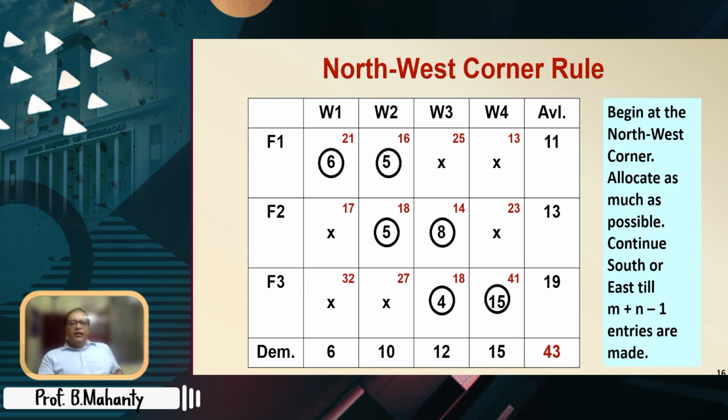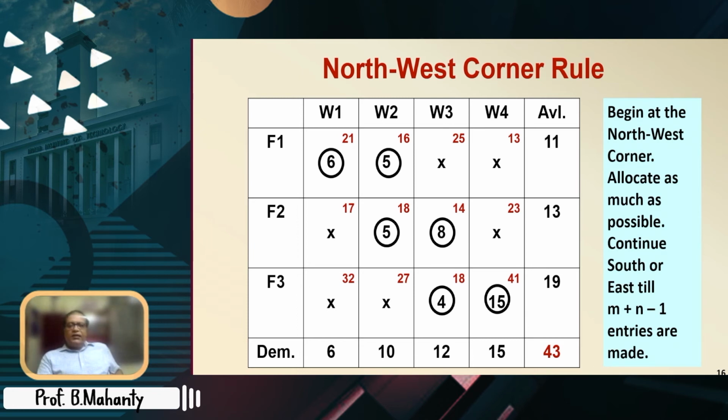At the last, when we wrote 15, both sides were simultaneously satisfied. Why did it happen? Because total demand equals total availability. So that is why we get one less, and the total number of basic variables will be only 7 minus 1, that is 6. Totally we have 6 different entries, and they are our initial solution.